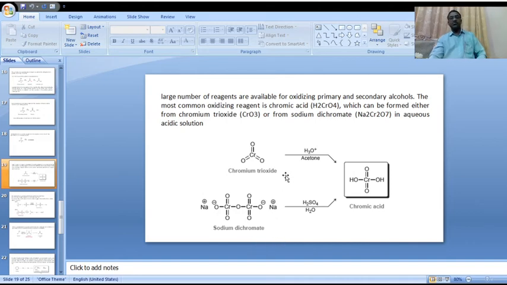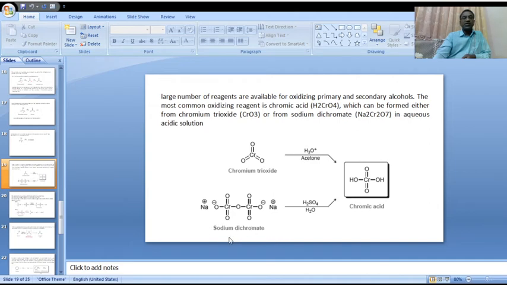Here please observe. In aqueous acidic condition, chromium trioxide turns into chromic acid, by addition of hydrogens.